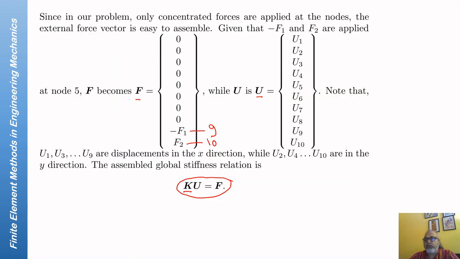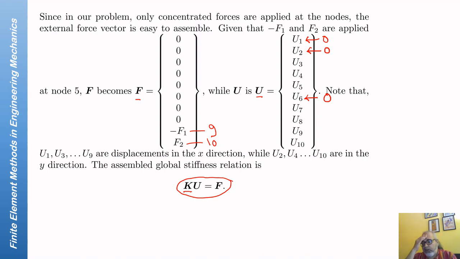So in order to do that, we have somehow got to convey the fact that actually u1 is equal to 0, u2 is equal to 0, and u6 is also equal to 0 in this problem. So these three degrees of freedom are equal to 0.